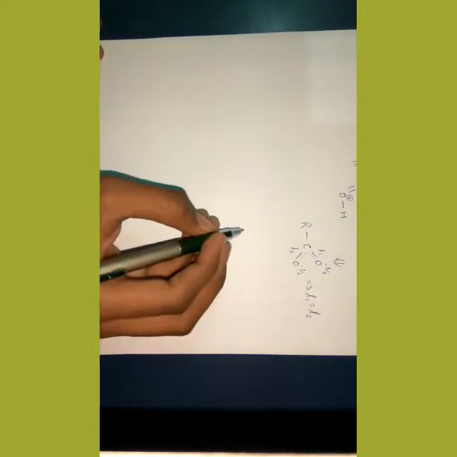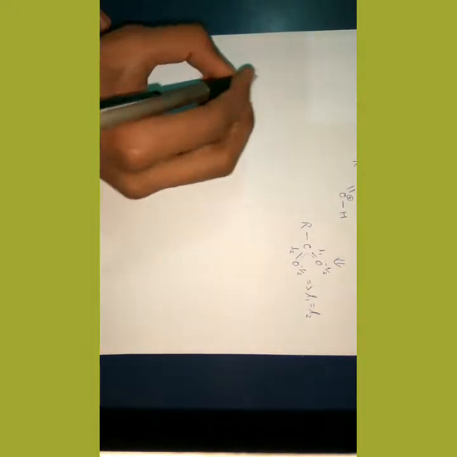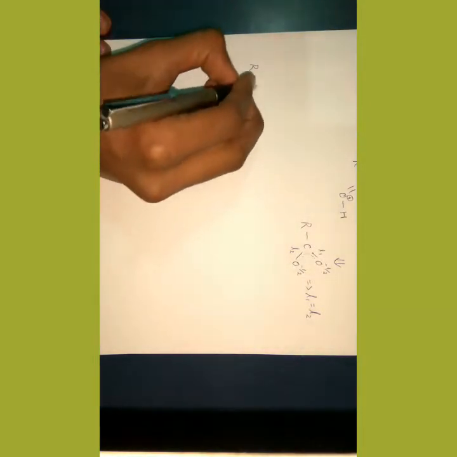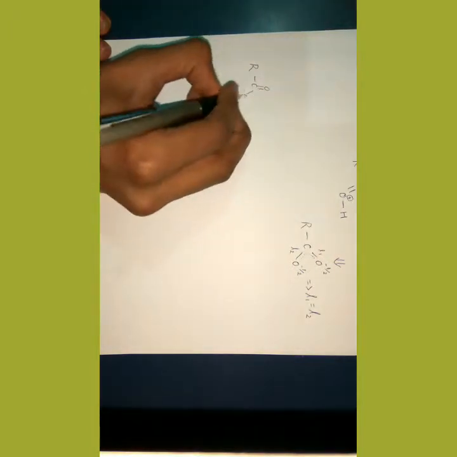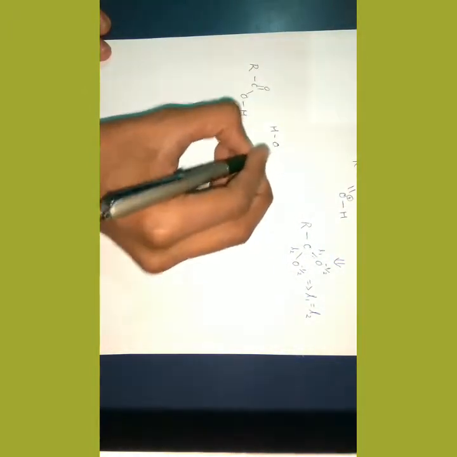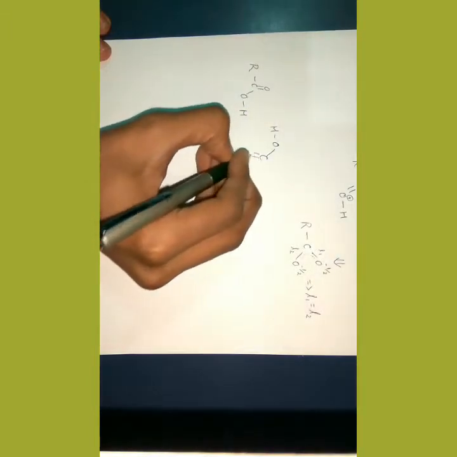Okay, now I will help you to recognize how we will take intermolecular hydrogen bonding and these types of things in this chapter. Now I'm drawing a carboxylic acid in its expanded way to show you more precisely.